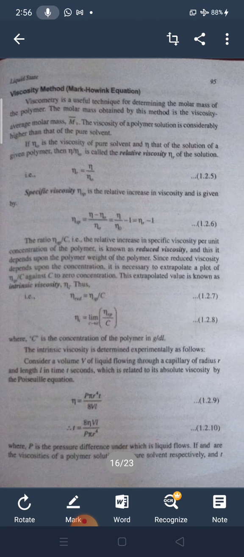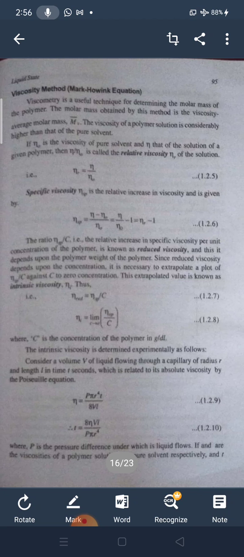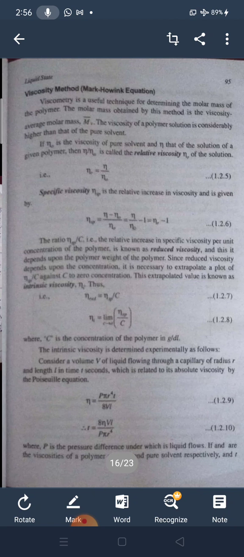This extrapolated value is known as the intrinsic viscosity, eta i. Eta reduced is equal to eta sp by c, and eta i is the limit as c tends to 0 of eta sp by c, where c is the concentration of the polymer in gram per deciliter. Then the intrinsic viscosity is determined experimentally as follows.